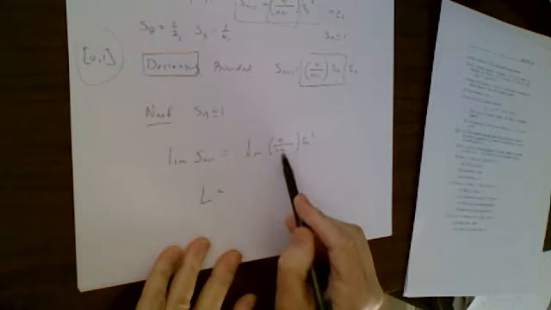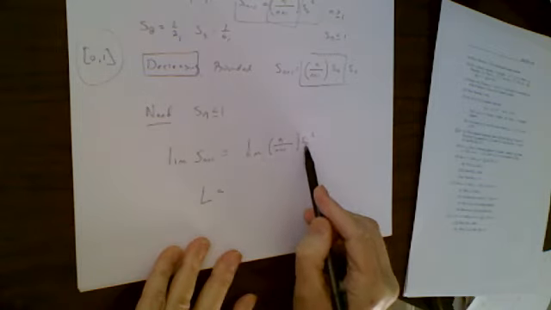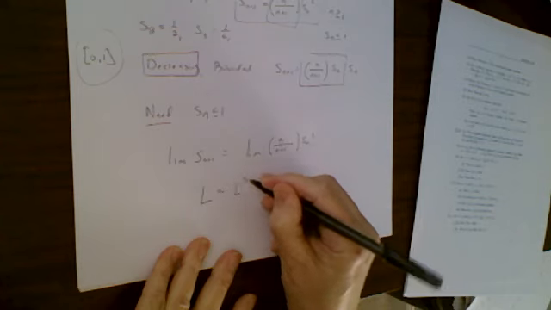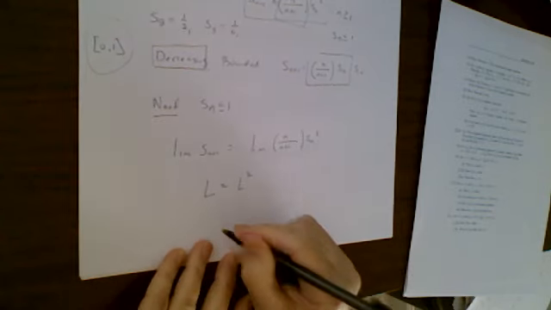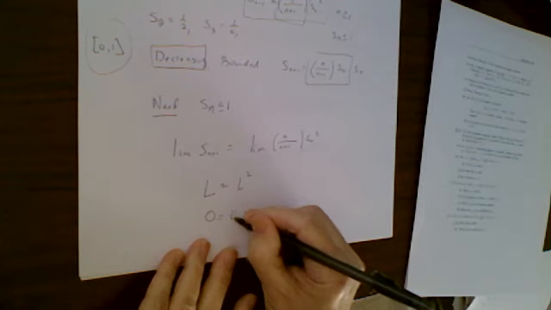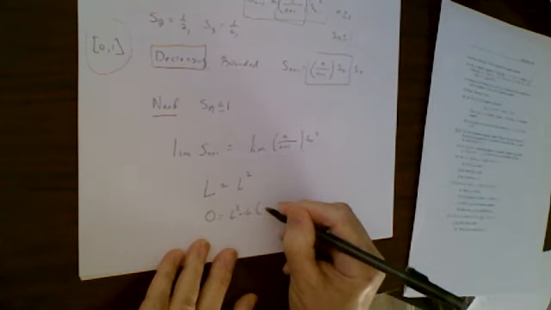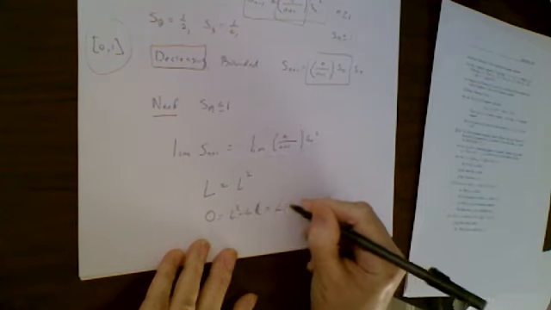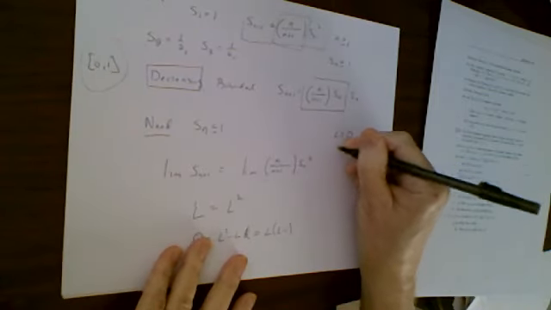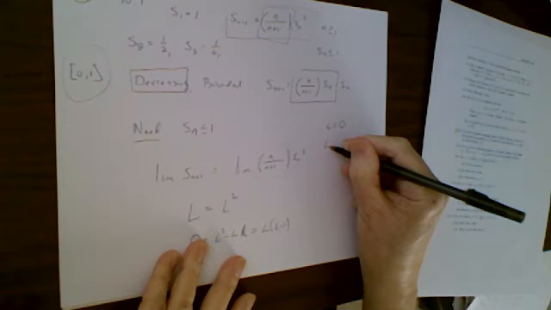The limit of the product is the product of the limits. So this approaches 1, and this approaches L squared. So L is equal to L squared. That means 0 is L squared minus L, which is equal to L times L minus 1. In other words, the only candidates are L equals 0 or L equals 1.